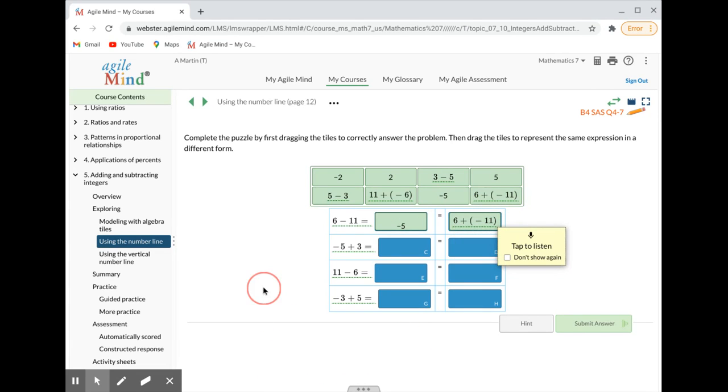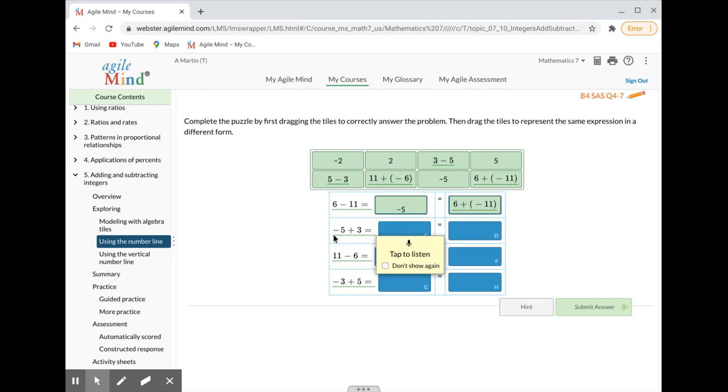All right. Now looking at the next one, we got -5 plus 3 equals something. What is that going to equal, Tamarian? -5 plus 3. -2.